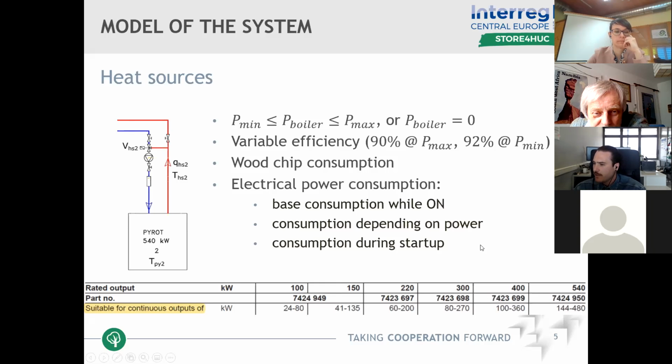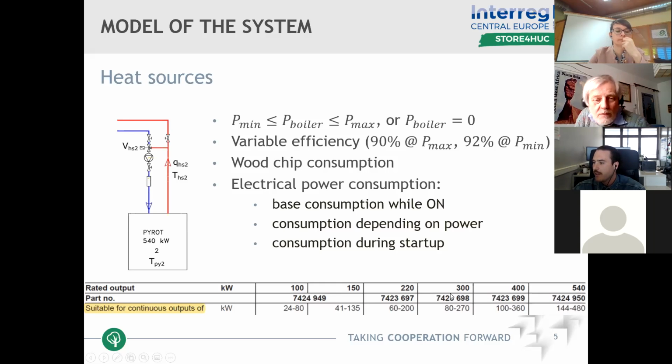And there is also one phenomenon about these boilers, and this is the continuous output of power. So there are two boilers. One is rated at 300 kilowatts and the other 540 kilowatts, but they are not suited for a continuous output of this power. So the smaller one is suited for 80 to 270, and the large one from 144 to 480.